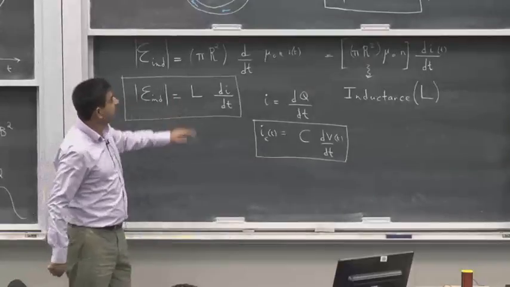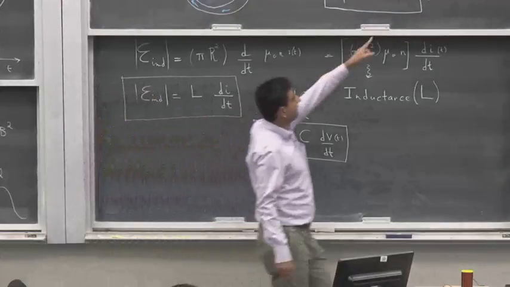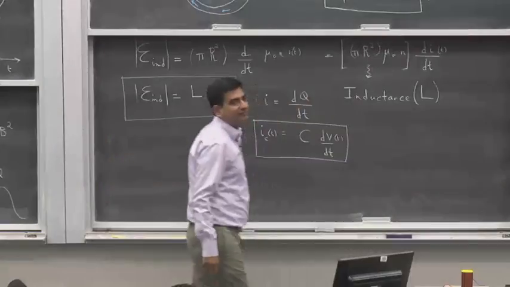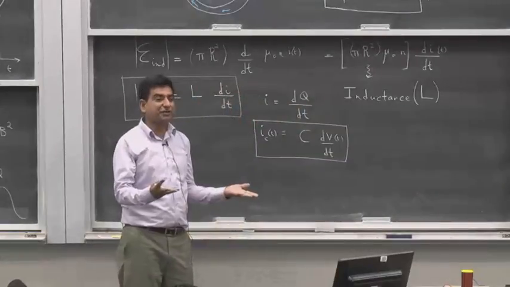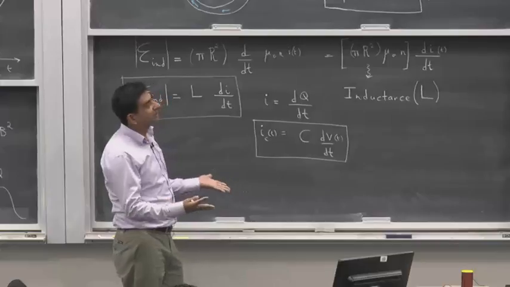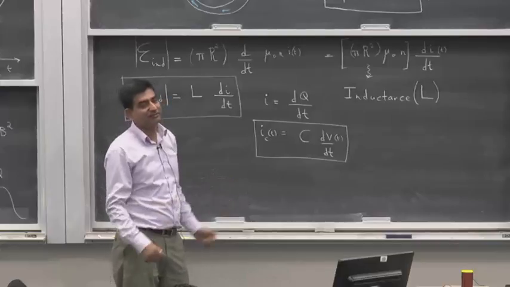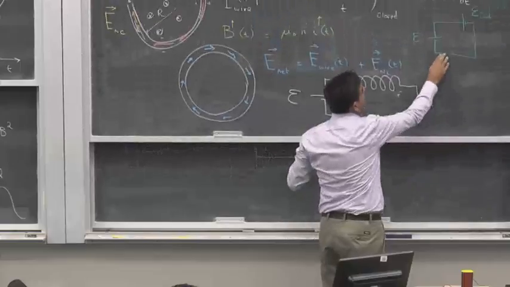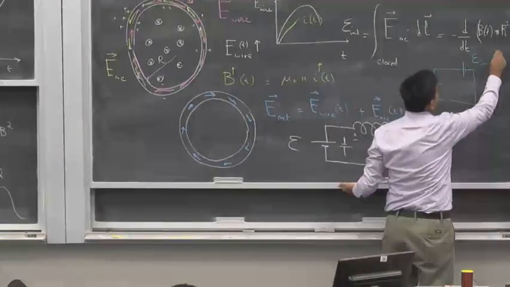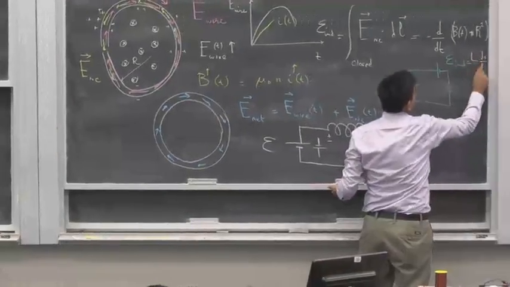Now if you look at this induced EMF and if you look at this circuit here, you can actually construct a differential equation that tells you what the current through this circuit is going to be. So look at this circuit here. This induced EMF is given by L di by dt.